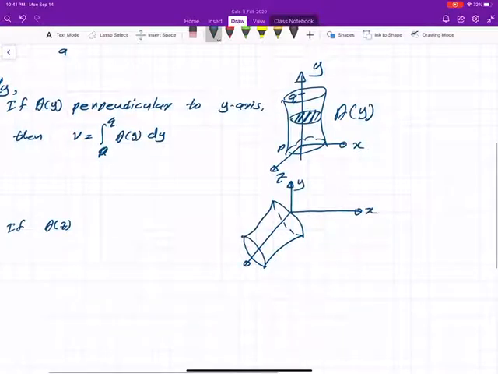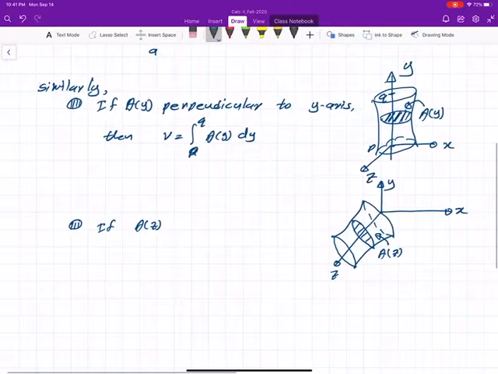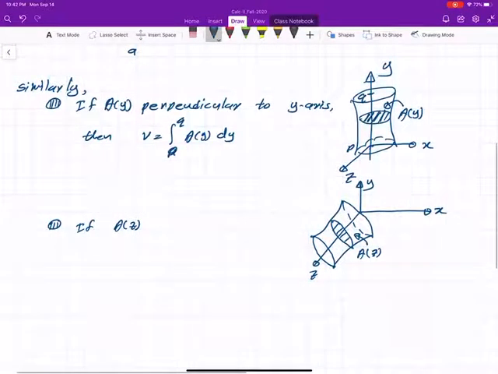This is y, this is x, this is c, and this is the corresponding cross section, which is A of c.